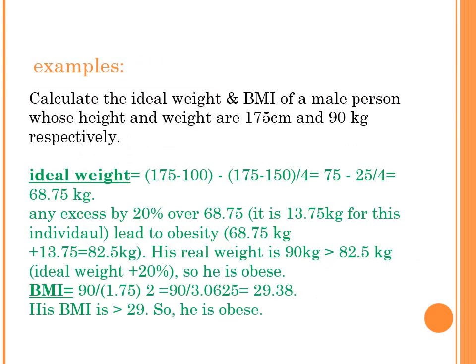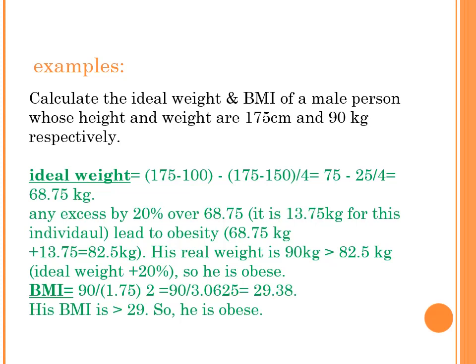Let's take an example here. We will calculate the ideal weight and the BMI of a male person whose weight and height are 90 kilograms and 175 centimeters respectively.